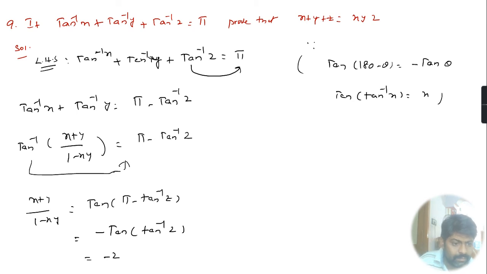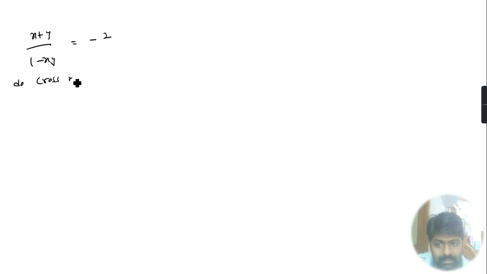So therefore we have (x plus y) by (1 minus xy) is equal to minus z. We do the cross multiplication. That is x plus y equal to minus z into (1 minus xy).